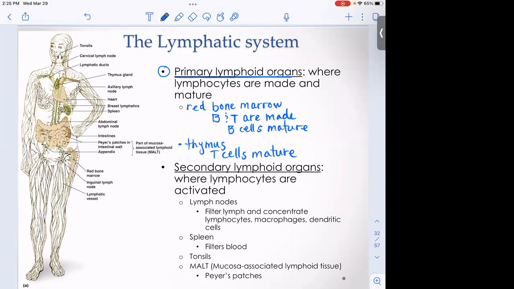It's a little organ, and the picture is small there, but it kind of sits on the top around the heart. It does most of its work before we're born, and then as we age into adulthood, it shrinks up and really doesn't do much anymore.